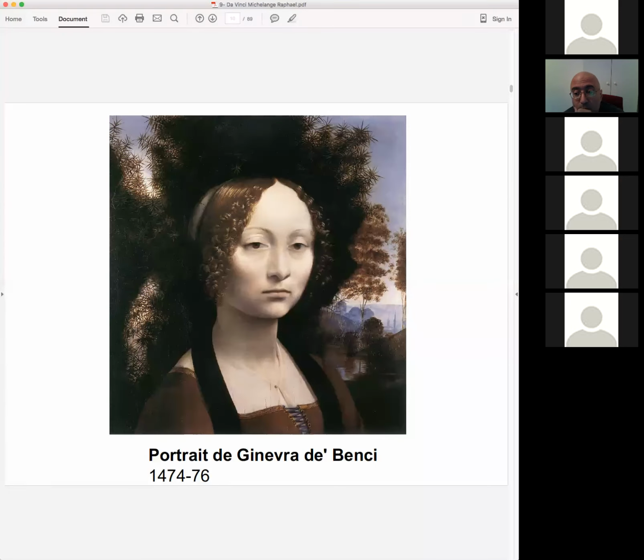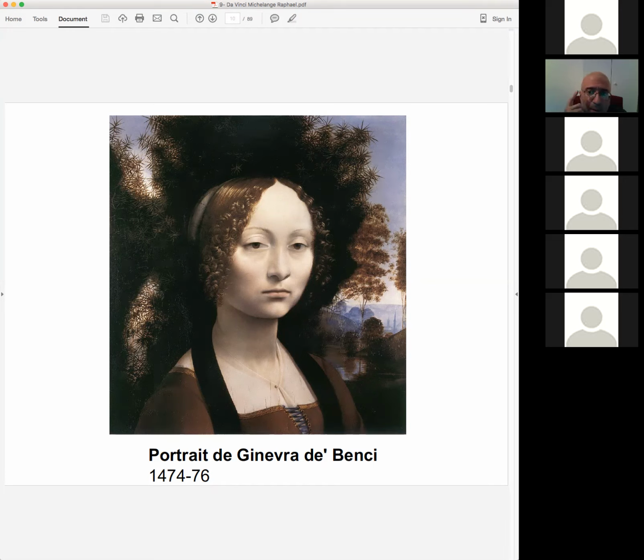What is chiaroscuro? Well, chiaroscuro is a technique. It has several functions. The first function is to augment, in a sense, the volume of the figure.